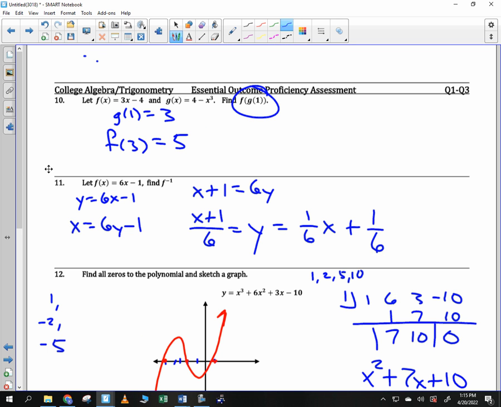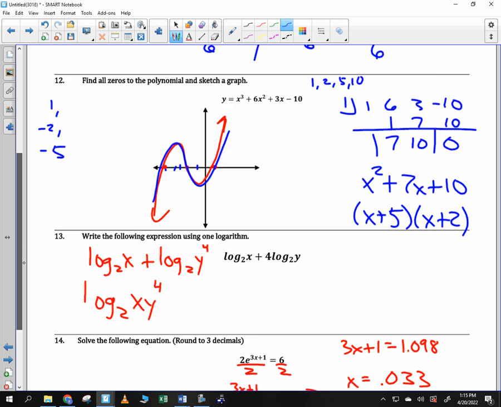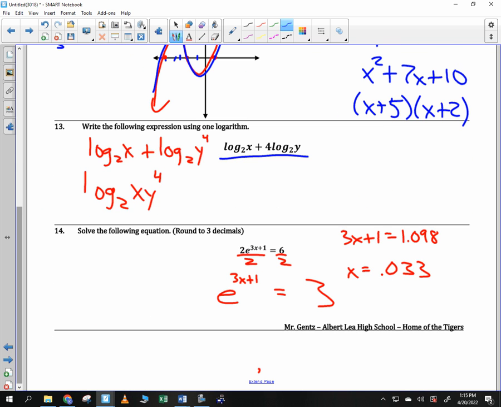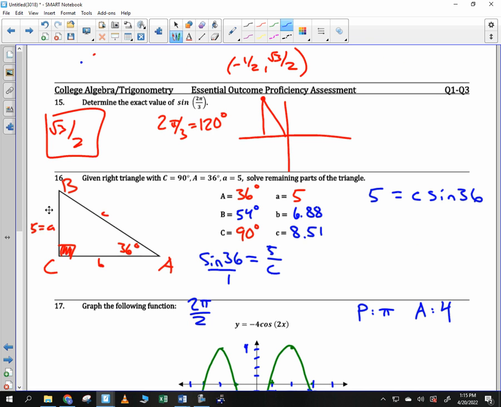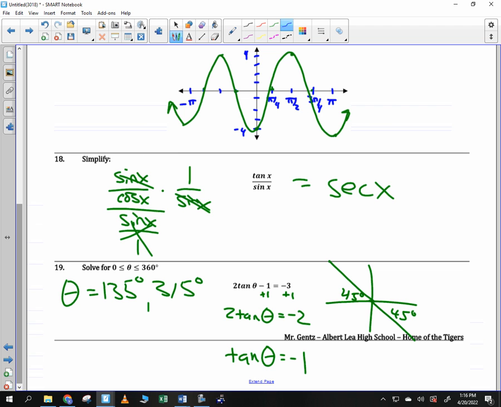Composition of functions, finding an inverse of a function, graphing a polynomial by finding all the roots doing synthetic division, logarithms writing as 1, solving an exponential, and then we've got exact values of sine using the unit circle, SOHCAHTOA, graphing sine or cosine, simplifying a tangent over sine expression, and solving an equation.